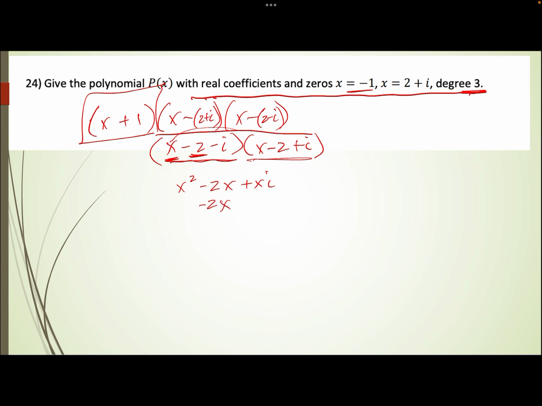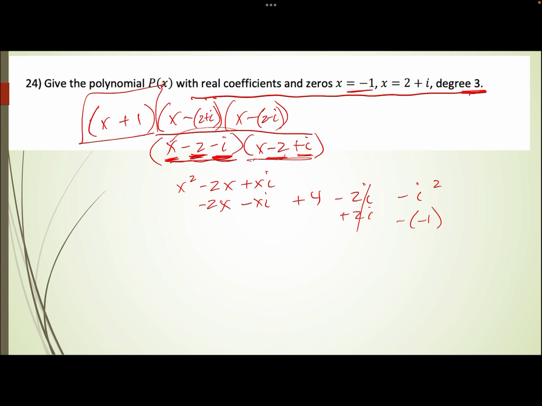I'm just going to line them up in like terms. -2 times -2 is 4. And then -2 times i is -2i. Then I'm going to distribute the -i through, and I get -xi, put with that one. And then -i times -2 is +2i. And then -i times -i is -i squared, which remember is negative 1.